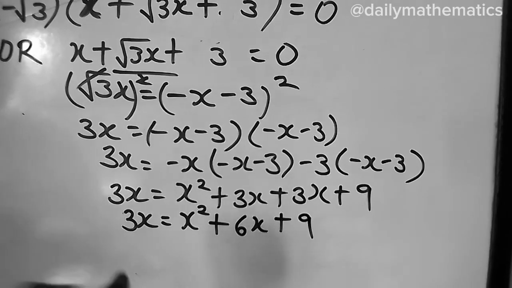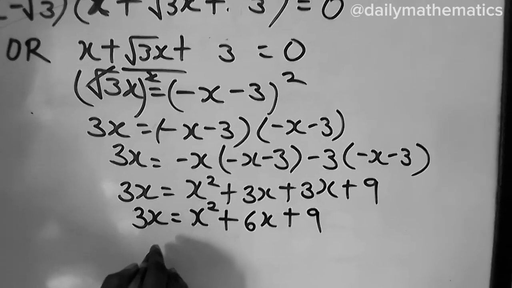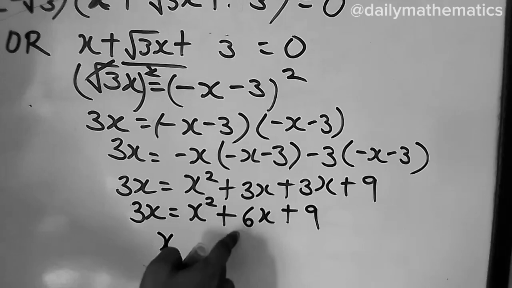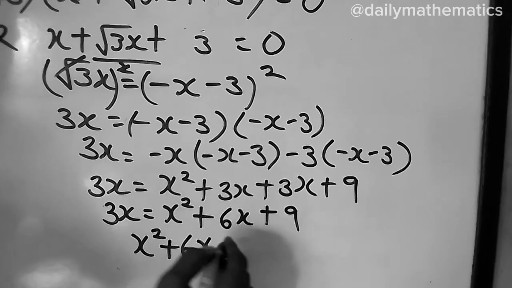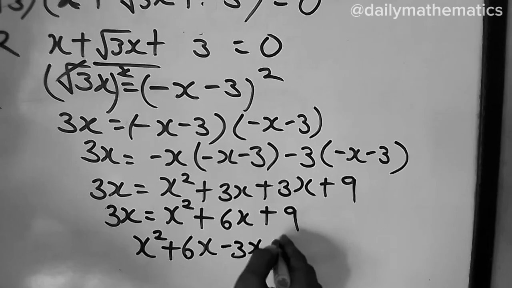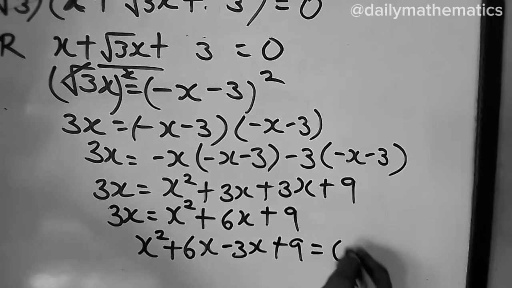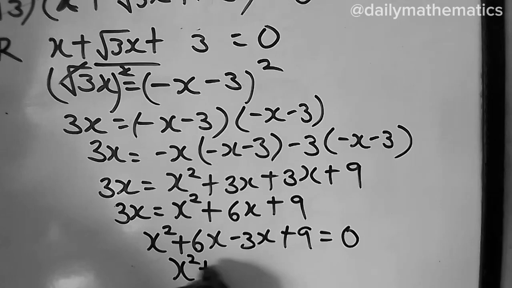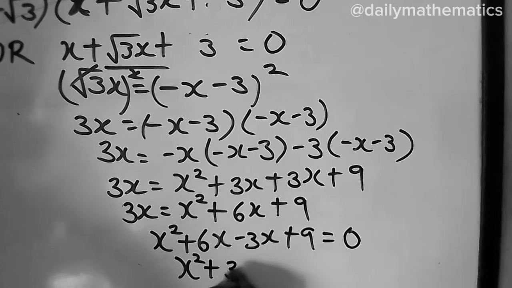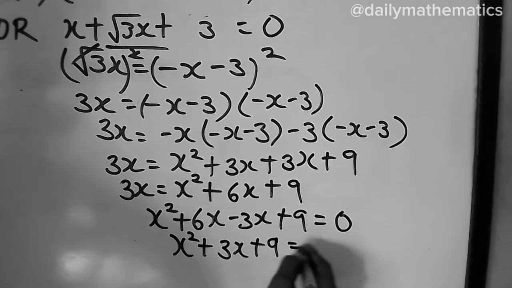All right, so from here we bring everything to one side: x squared plus 6x minus 3x plus 9 equals 0, which gives x squared plus 3x plus 9 equals 0.